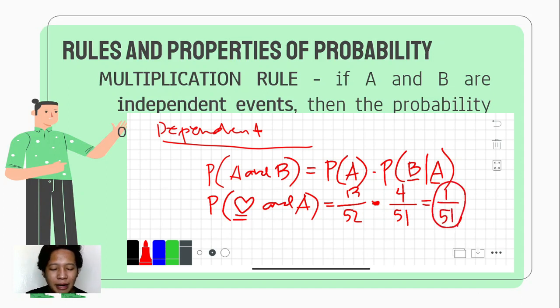So kapag sinimplify lang natin siya, kapag minultiply natin yung dalawang fractions, so this is 13, and then you have that one. Okay? So the probability of getting a heart and an ace is that we have 1 over 51. So that's how we got the multiplication rule given that our events are dependent. Okay? Dependent.